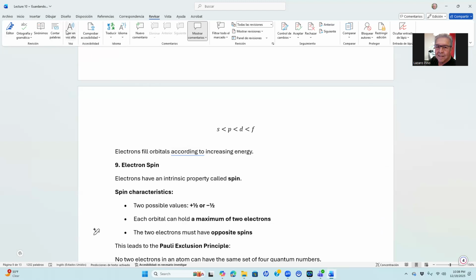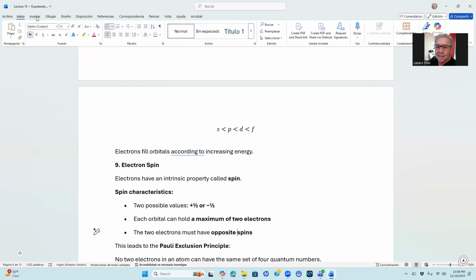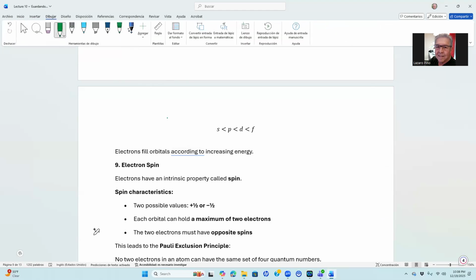Okay, look at this. If you have, for example, let me represent the s orbital. I told you that it is spherical. All this region is the most probable region where you can find the electrons, where here you can have 2 electrons. One is spinning to the right and the other one to the left, or opposite.